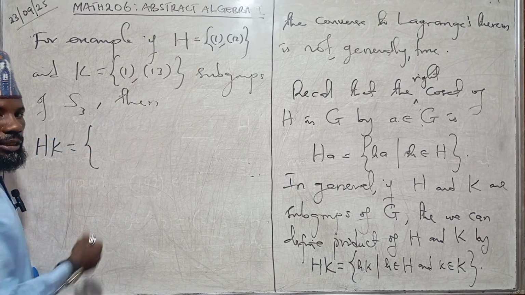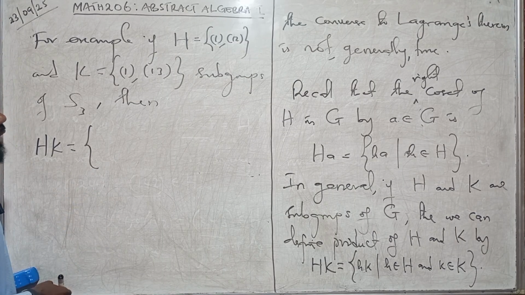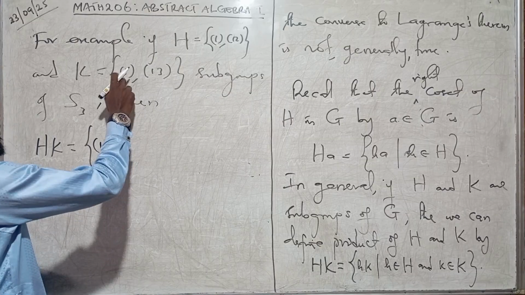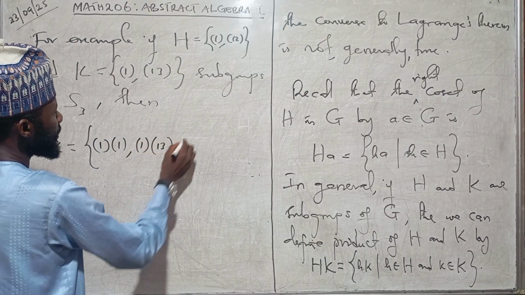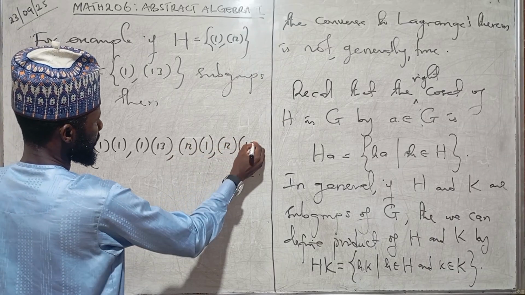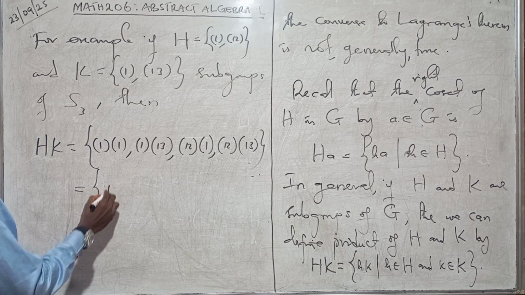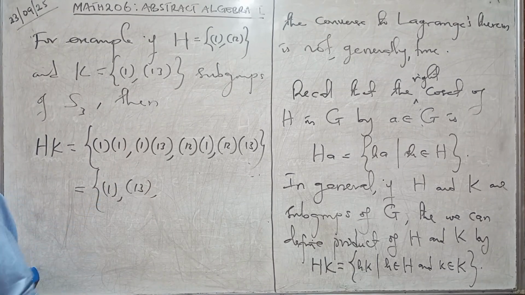so you multiply the H and K elements elementwise, so that you say identity, and this is the identity coming from K, but they are the same identities. So 1, (1 3), (1 2), and (1 2)(1 3). And this would be (1 3), because if you are multiplying with identity, you just get the element back.